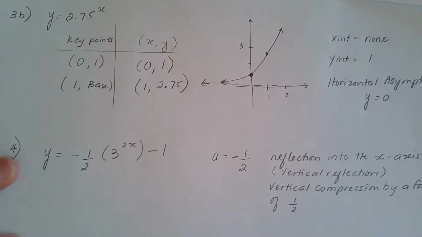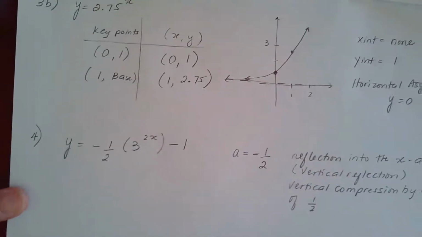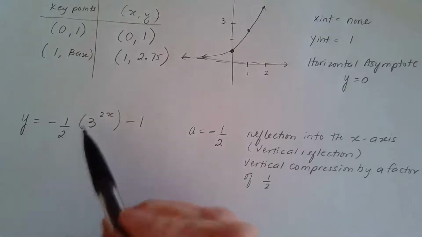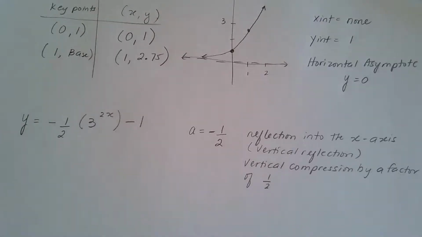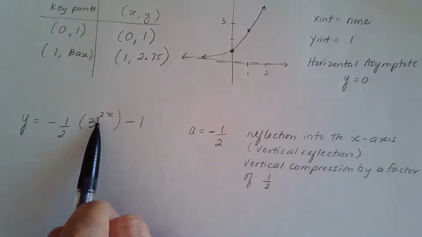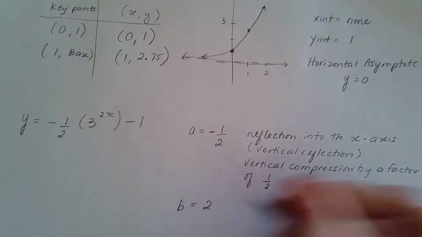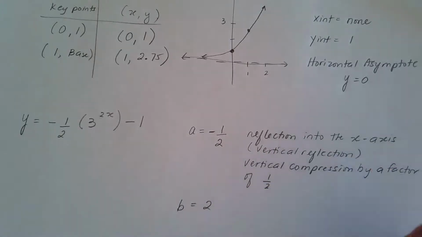Now the other thing that we see is that there's a b here. b equals 2. So what does that mean?